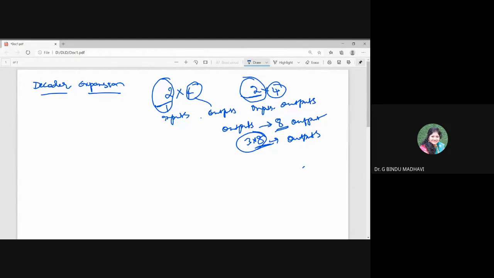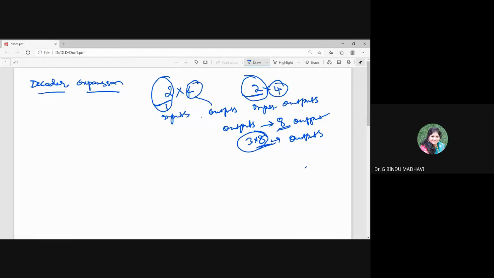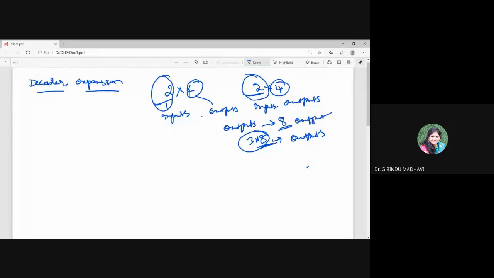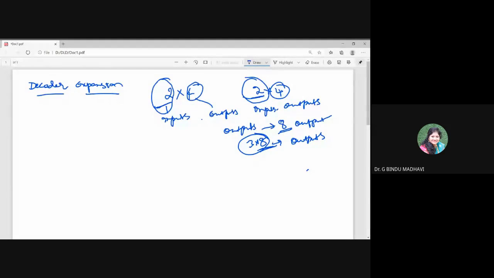But here we cannot modify the output, but we can design the inputs. We can design the decoder by thinking in a logical manner. That means you can have 2 inputs or 3 inputs. How?